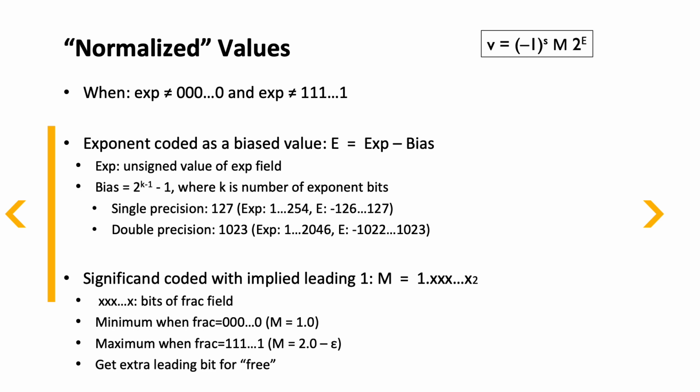So that means that the possible values for E in the mathematics that we do to figure out the value for a single precision can be between negative 126, which is 1 minus 127, and 254 minus 127, which evaluates to 127. Those are the potential values for the exponent that we can represent in the EXP field.